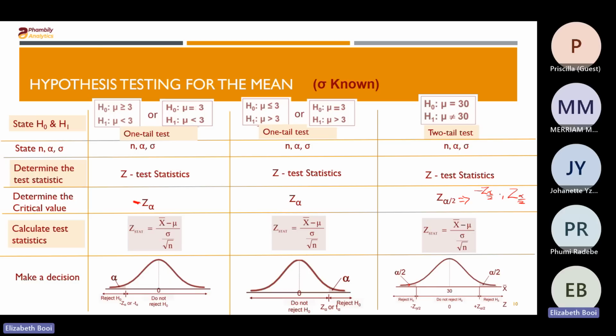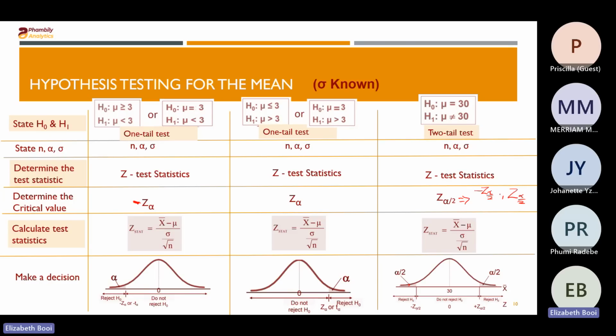But if it falls inside the white area, we do not reject. So if it's greater than the negative critical value and less than the positive critical value, you do not reject. Those are the rules that you're going to apply to answer the question.